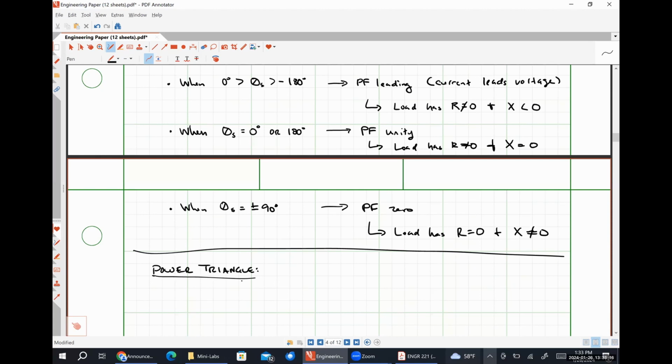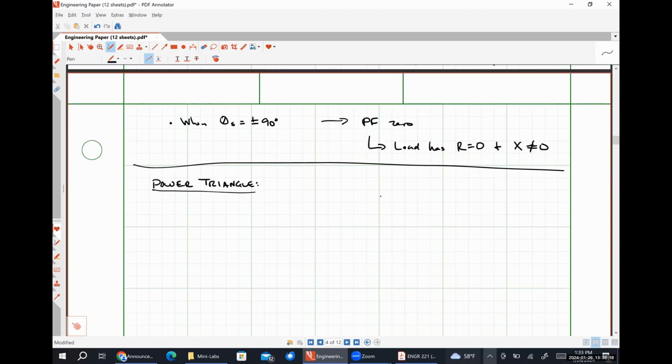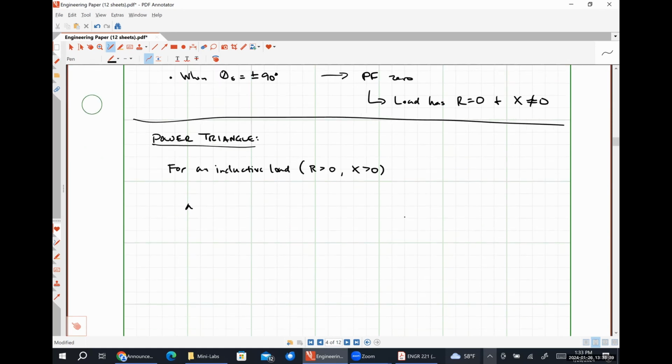So for an inductive load, where for this case specifically, we're going to say R is greater than 0 and X is greater than 0, our complex power plotted out would look something like this.